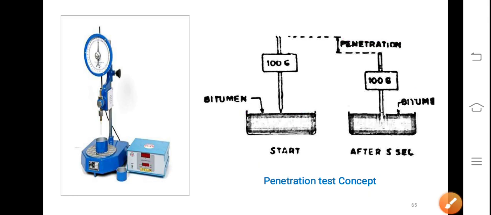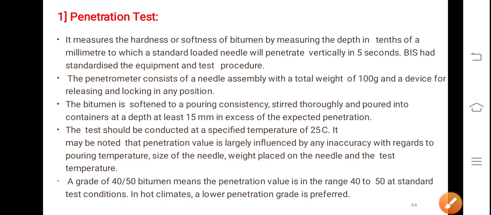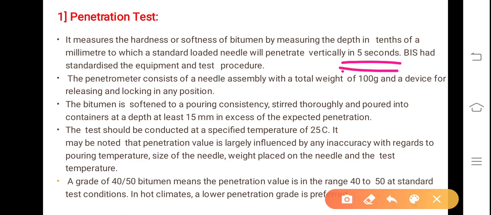After the needle is released for 5 seconds, only 5 seconds, BIS has standardized the equipment and test procedure. The penetrometer consists of a needle assembly with a total weight of 100 gram and a device for releasing and locking in any position.